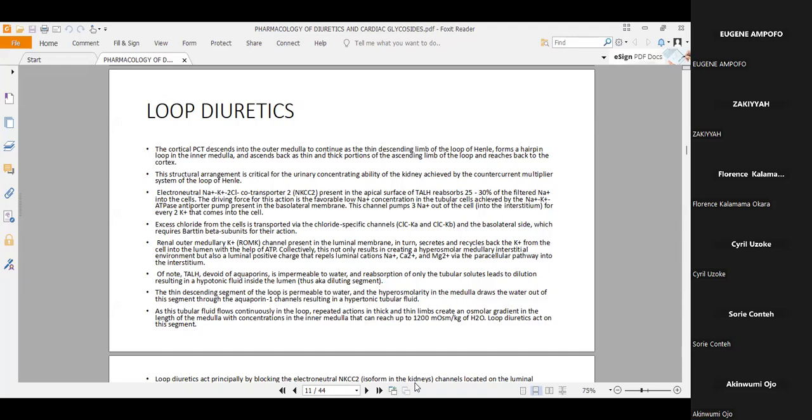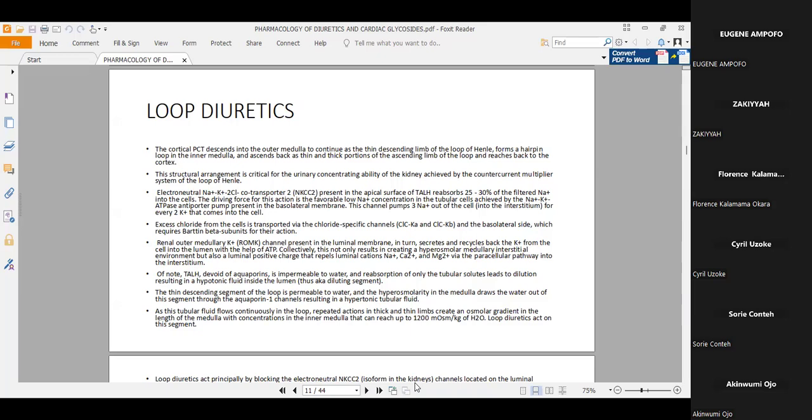Excess chloride from the cells is transported via the chloride-specific channels on the basolateral side, which requires the beta subunits for their action. We also have the renal outer medullary potassium channel, which is present on the luminal side of the membrane. It secretes and recycles potassium from the cell back into the lumen with the help of ATP.